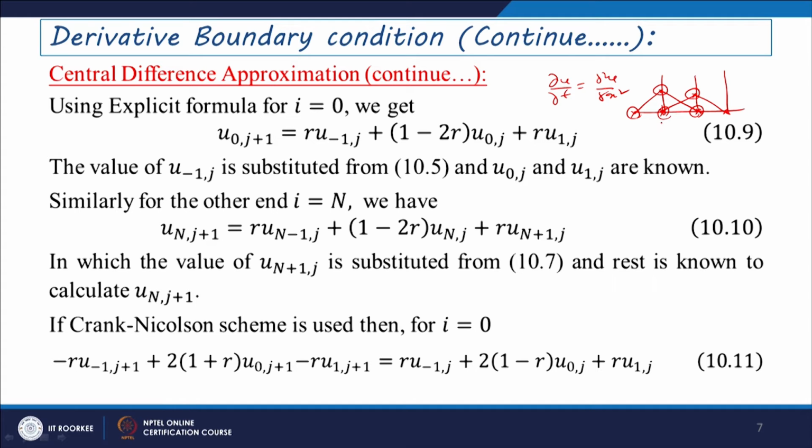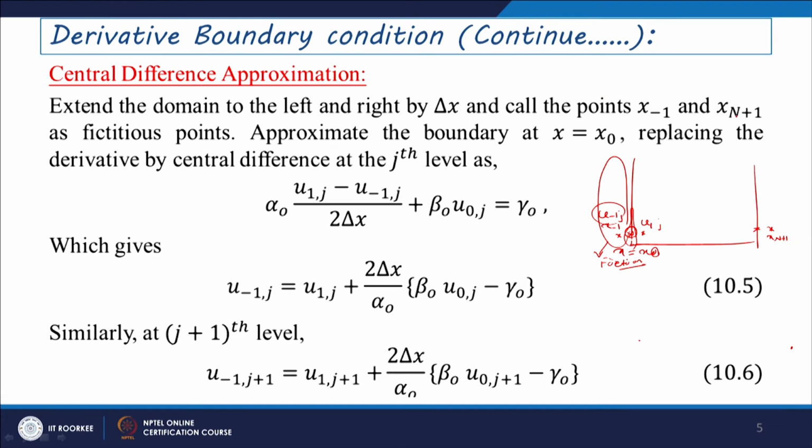Directly you can write i equals 0 here, i equals -1 here, i equals 1 here, i equals 2 here. And this value of u_(-1)^j is substituted from the previous calculation, that is from 10.5, which defines the u_1^j and u_0^j relationship.